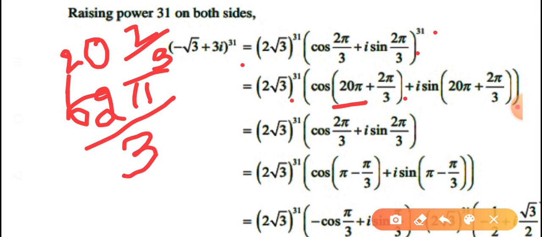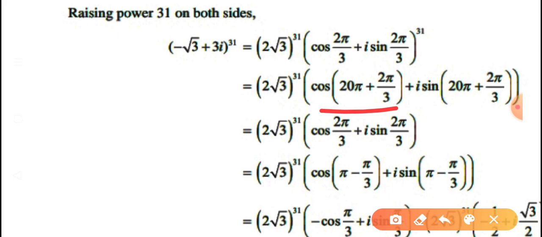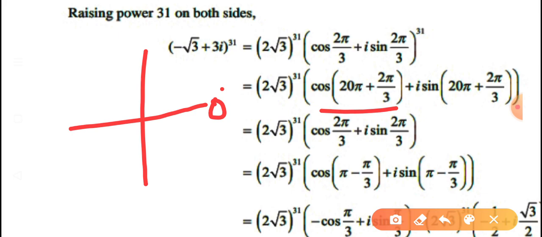Do you understand? Okay. Now listen, 2 root 3 power 31, 20 pi. I already told you, 20 pi, how many times? Even number of pi's appear here, so 0 degree, and 2 pi also represents 0 degree.